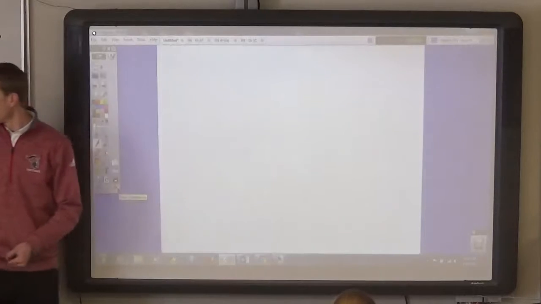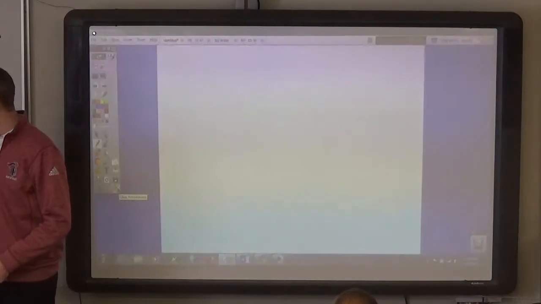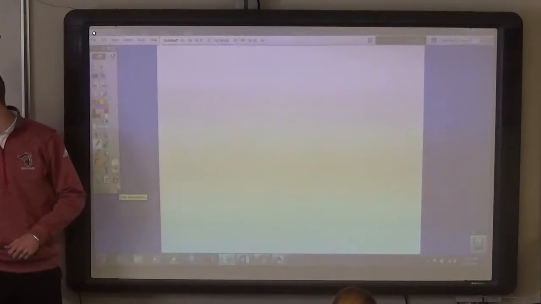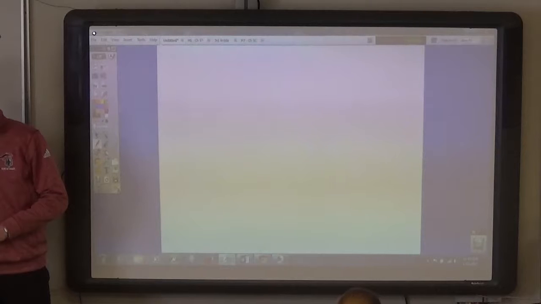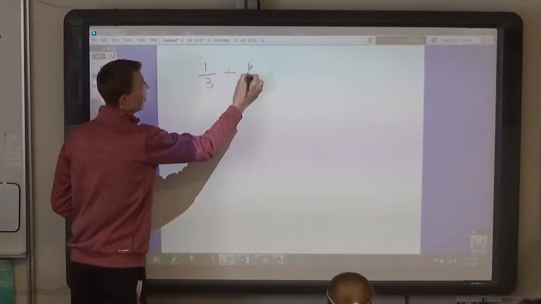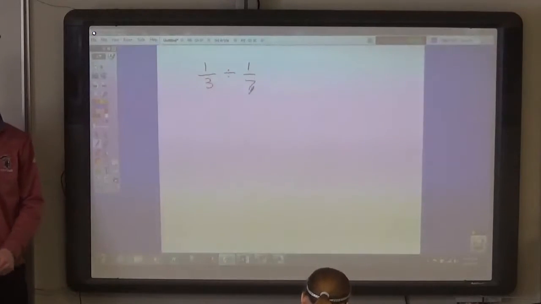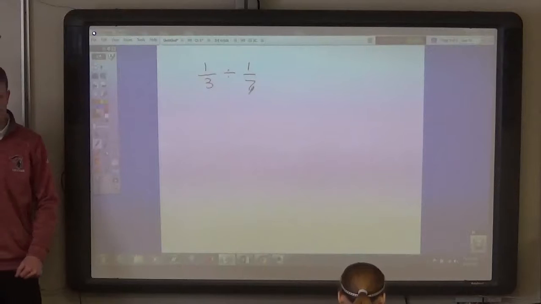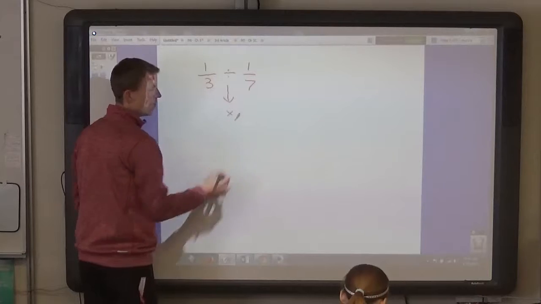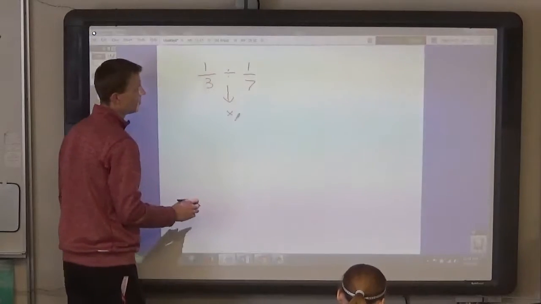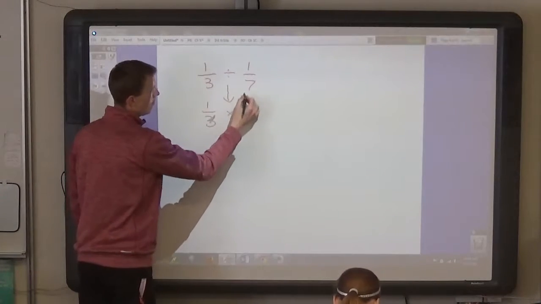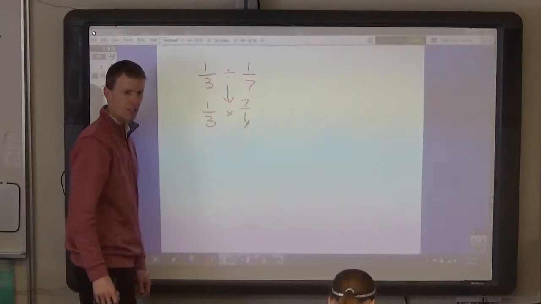From your book, go to page 177. 1/3 divided by 1/7. First, change it to times. And flip the second fraction.